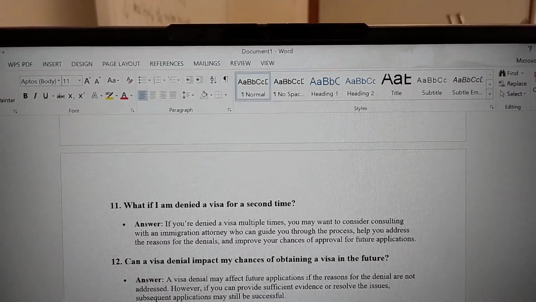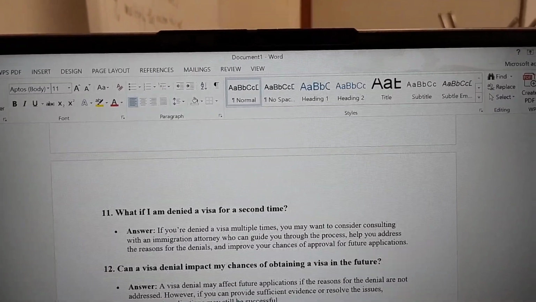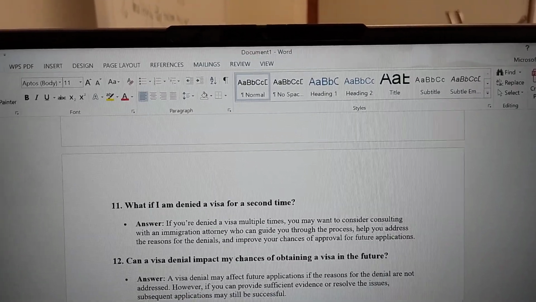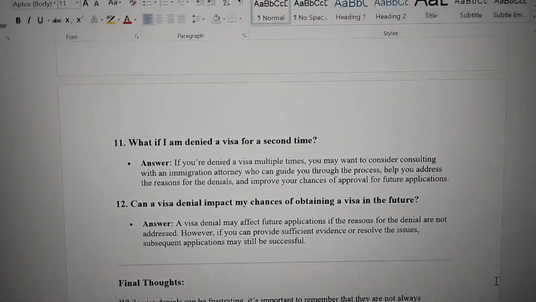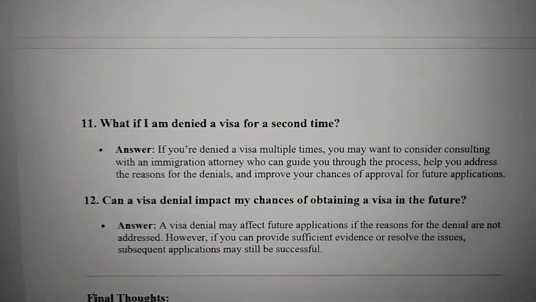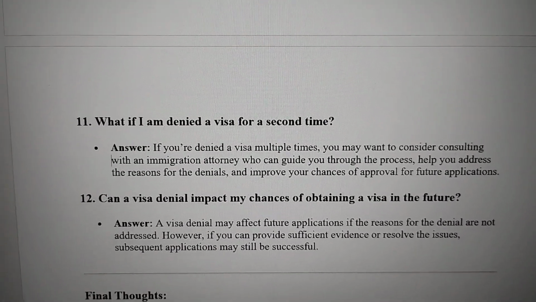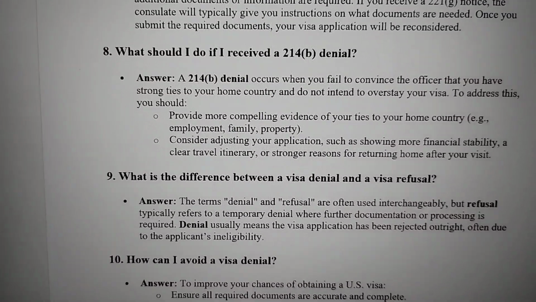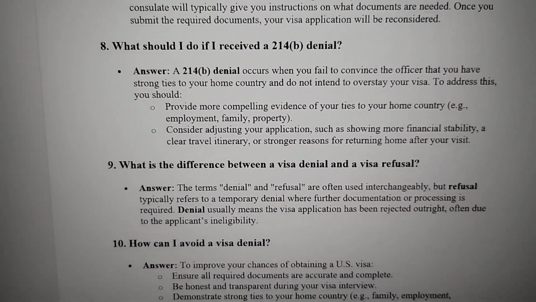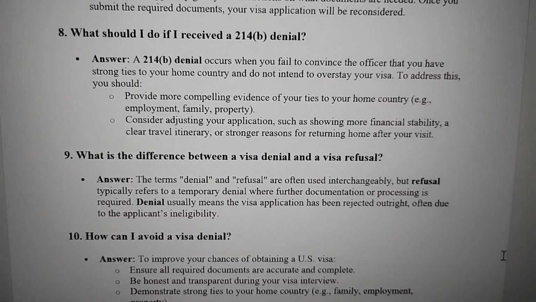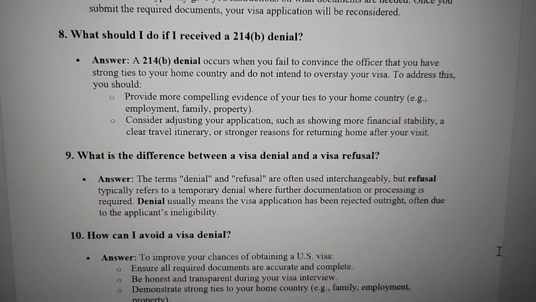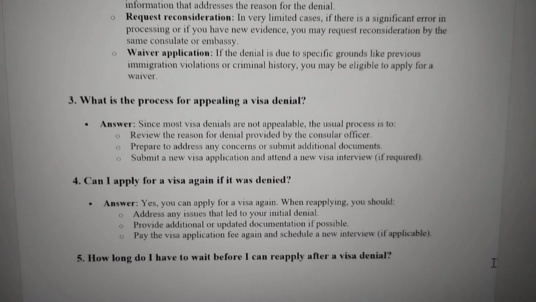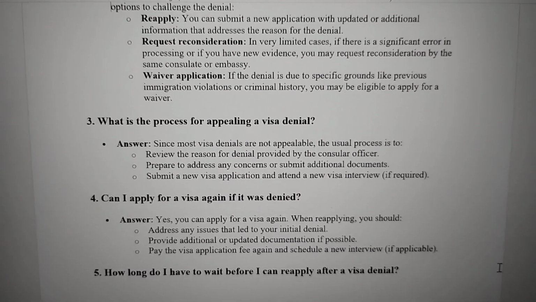Take some time to research, and also consult with an immigration attorney, so that you know what is making your visa get denied every now and then. Once you have consulted with them, you will be able to correct the mistake before you reapply again.